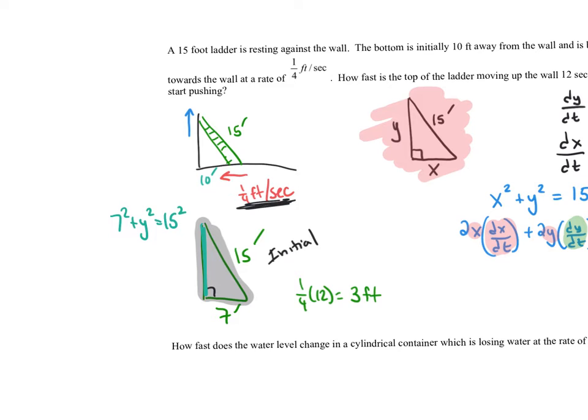So 7 squared is 49, plus y squared equals 225. 225 minus 49 is 176. So y is going to equal the square root of 176. That is the other side. You certainly could figure it out in decimal form, but I'm just going to keep it in radical form.